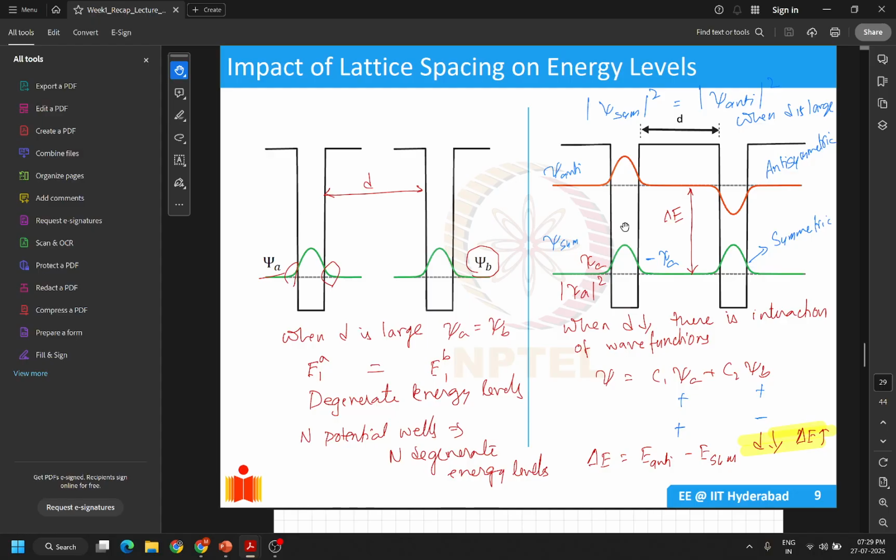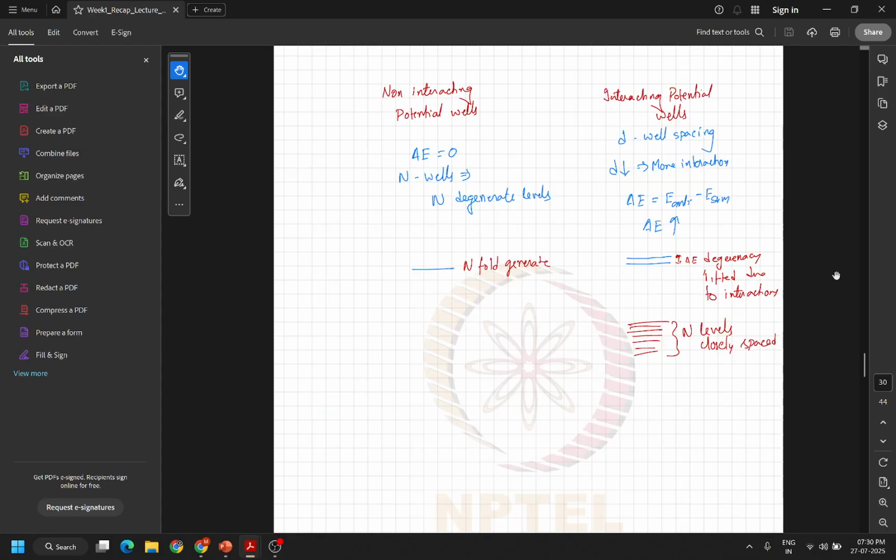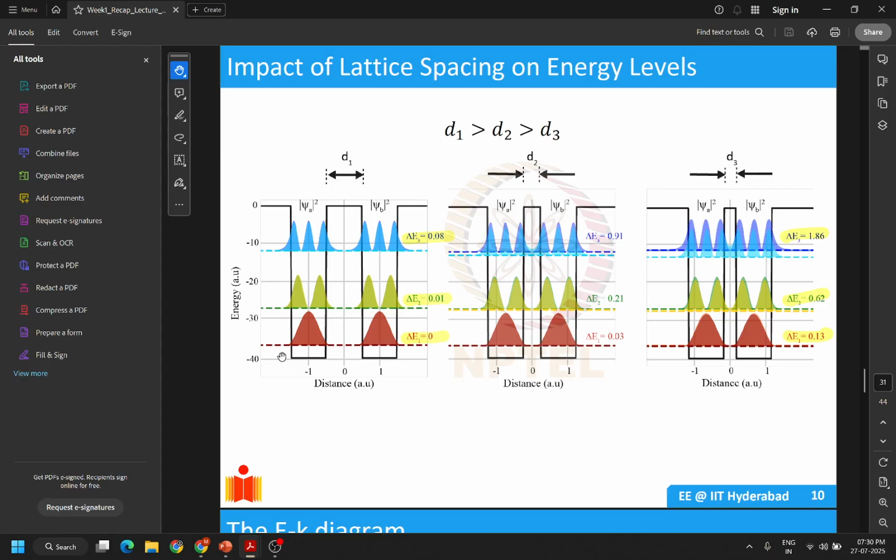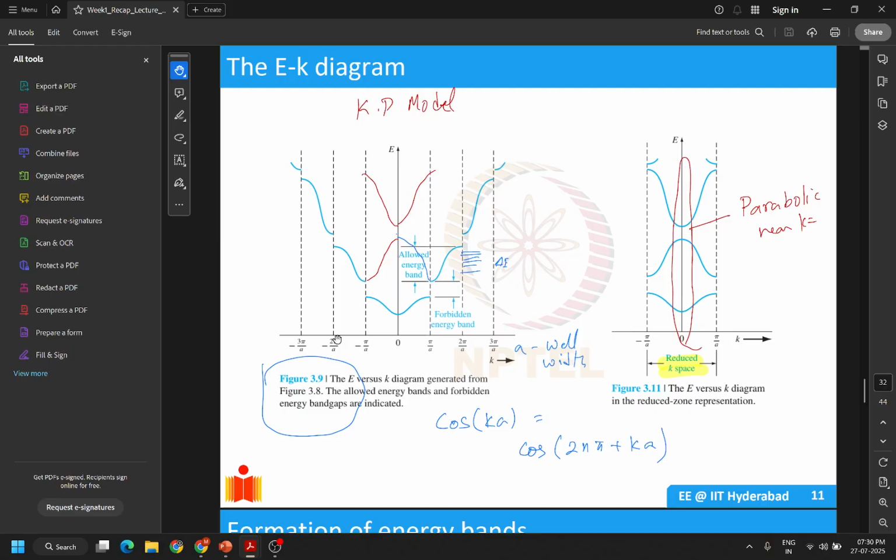So there are n number of energy states for each level. Each of these contains n energy levels.